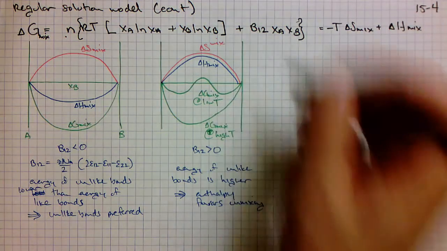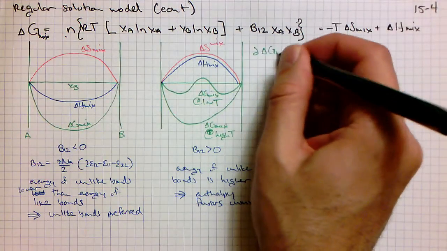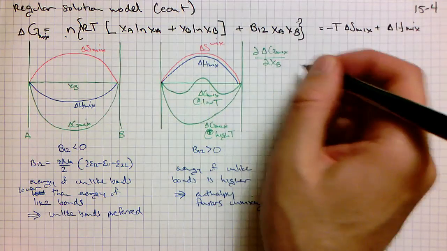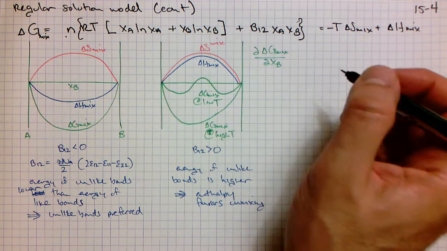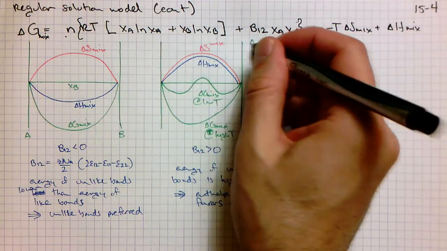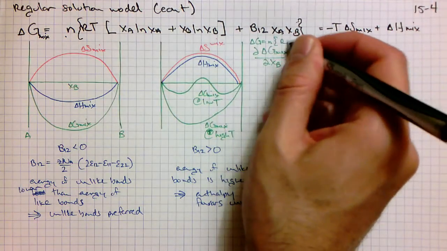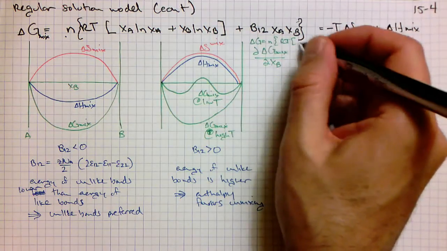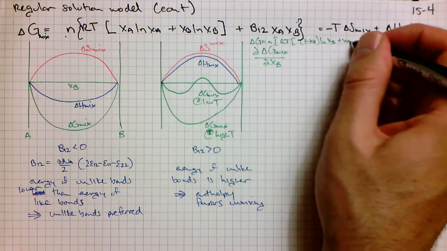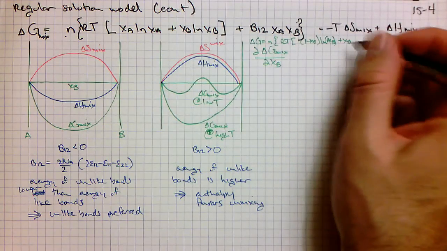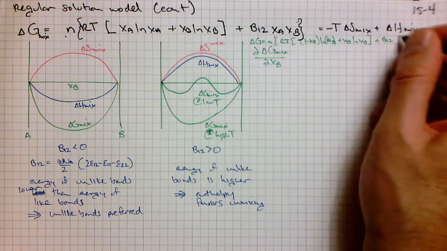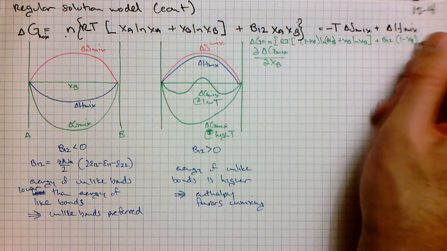So what we want to do is look at the derivative of delta G mix with respect to the composition, let's say XB. We can write this first in terms of just XB. So if we write delta G is equal to N times RT, and we could write this as 1 minus XB natural log of 1 minus XB plus XB natural log of XB, plus B12, 1 minus XB times XB.